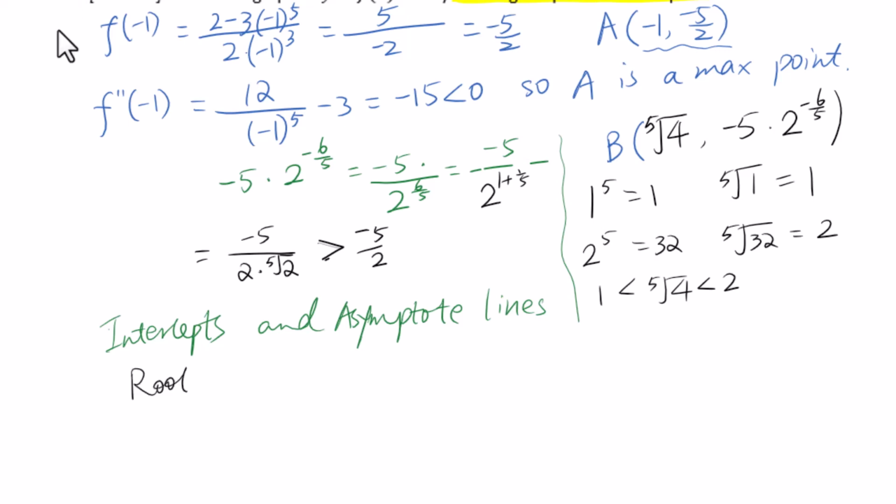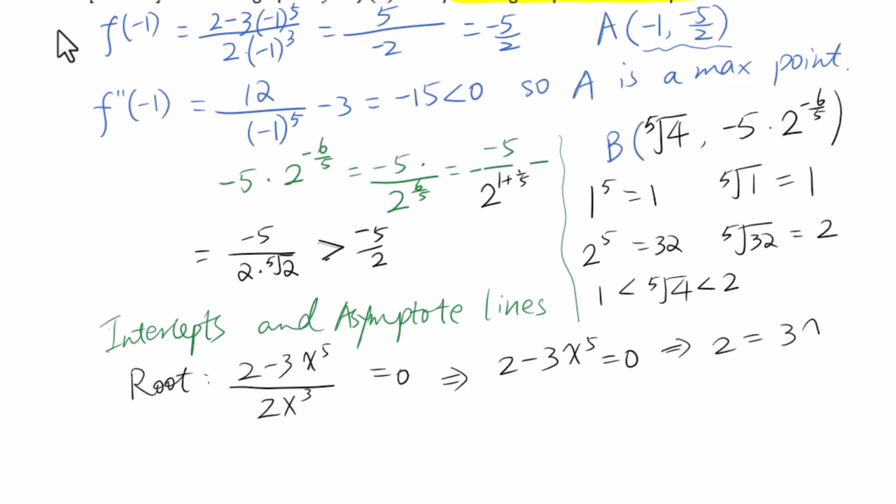So for the root, we will set up (2 minus 3x to the 5th power) over 2x to the third power equals 0, which means 2 minus 3x to the 5th power equals 0. 2 equals 3x to the 5th power. X to the 5th power equals 2 over 3.